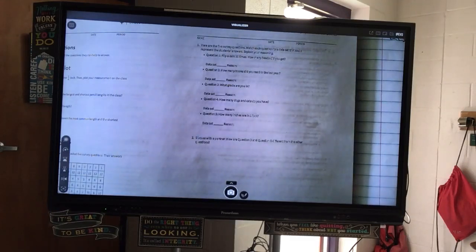For question 3, if it has more than three, at least 3. I forgot what question it is.